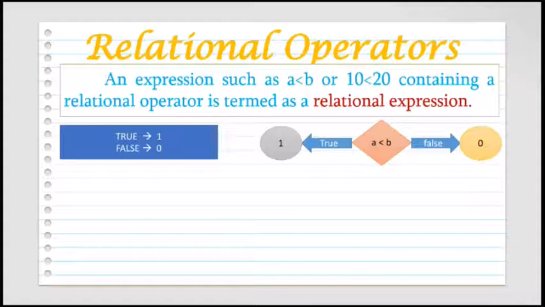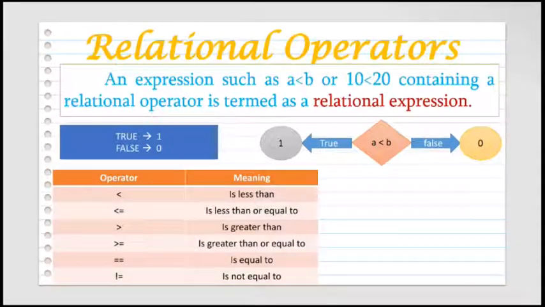C supports 6 relational operators. The first one is the less than operator, used to compare whether a particular variable is less than another or not. Second is less than or equal to.